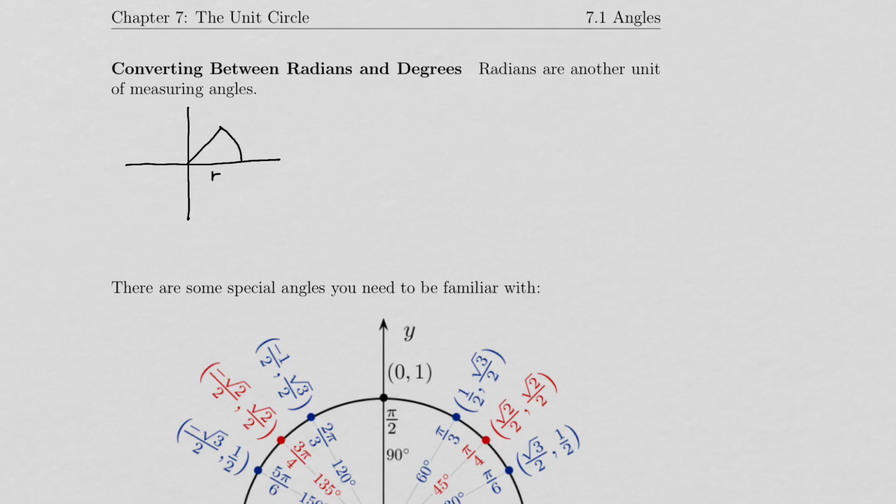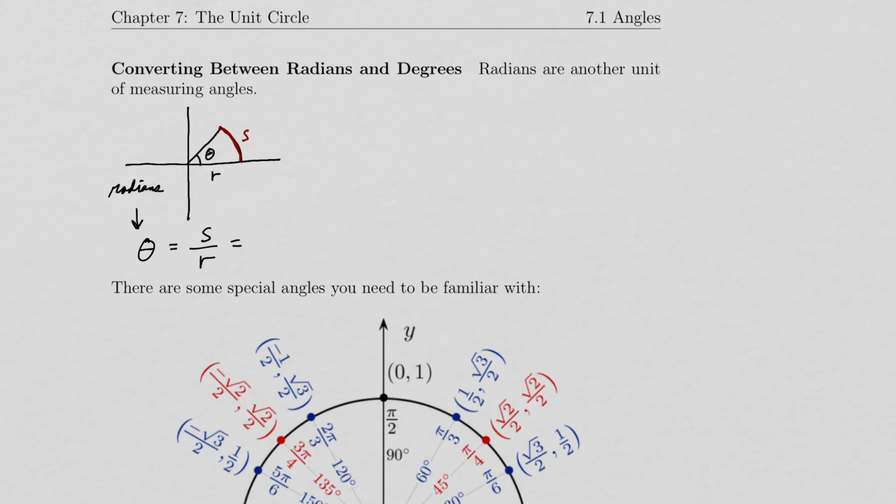This length right here, this is the arc length of the circle. So I'll call that S. And then this would be the angle, so angle theta. Now, if that angle is in radians, then by definition, what does that mean? It's simply the ratio of the arc length divided by the radius.